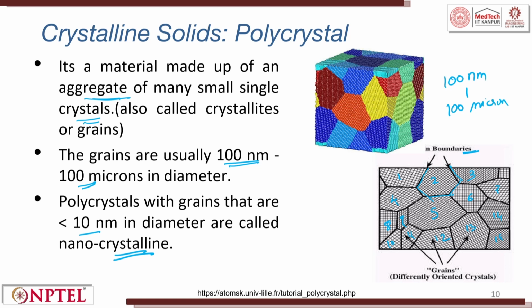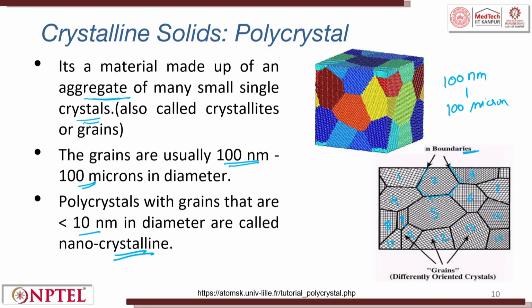Nanocrystalline material has different properties. For example, gold at 100 nanometers behaves differently when you go to 10 nanometer grain size, in terms of optical properties. Mechanical properties are different. Thermal properties are different. That's why we say nanocrystalline. So polycrystalline is further divided into nanocrystalline.